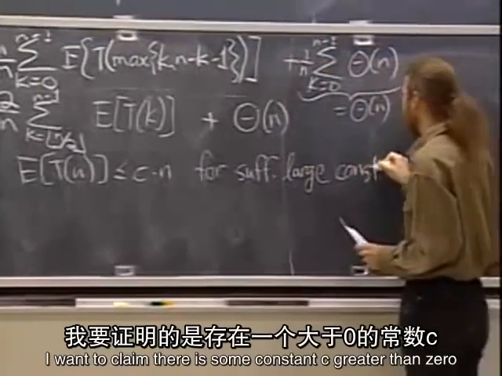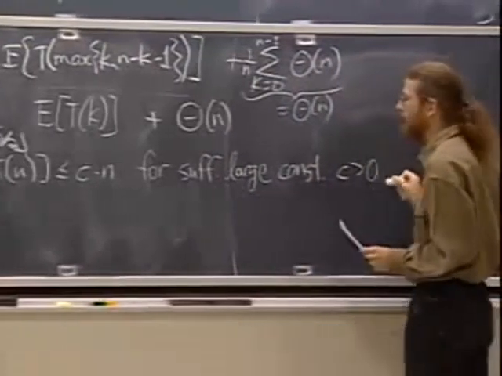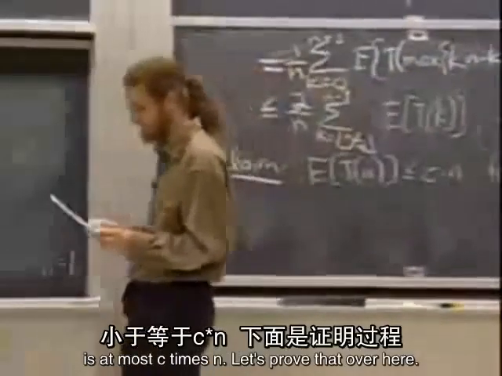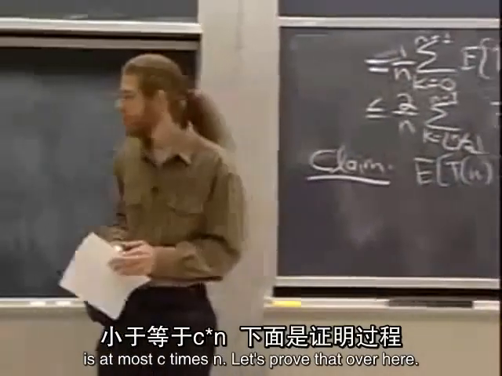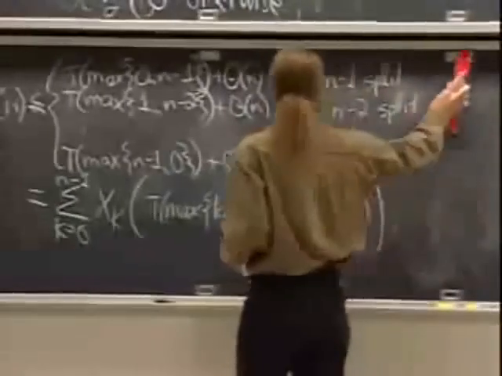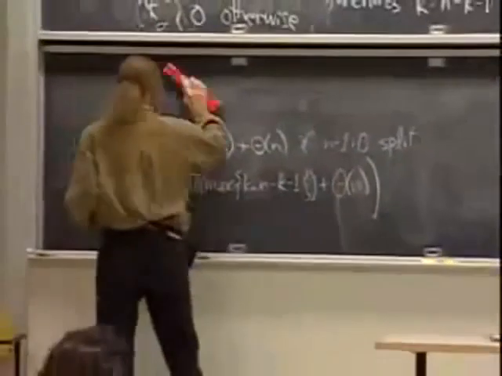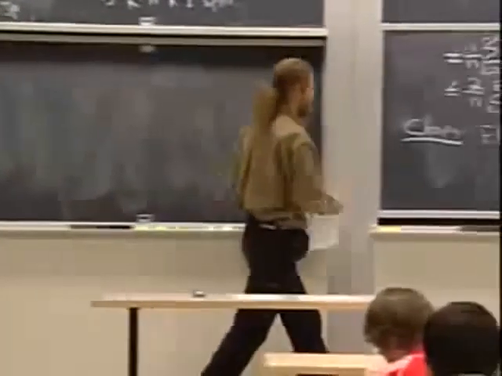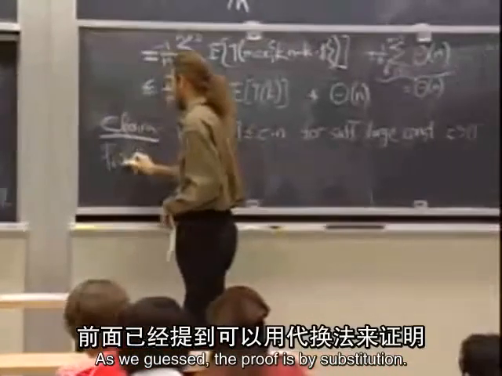So I want to claim there's some constant c greater than 0, such that E of T of n, according to this recurrence, is at most c times n. So let's prove that over here. As we guessed, the proof is by substitution.